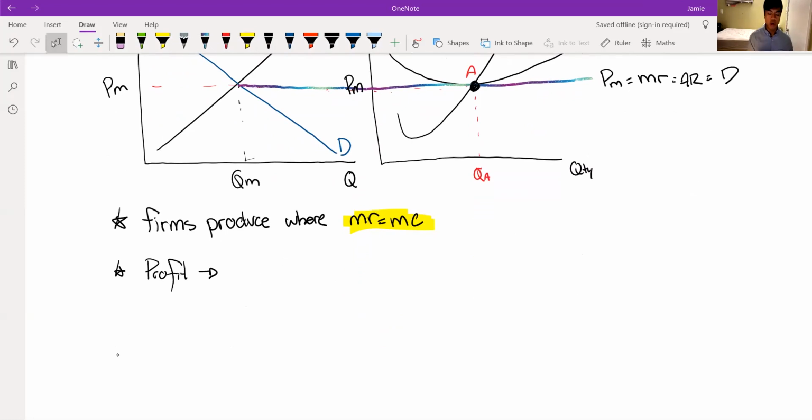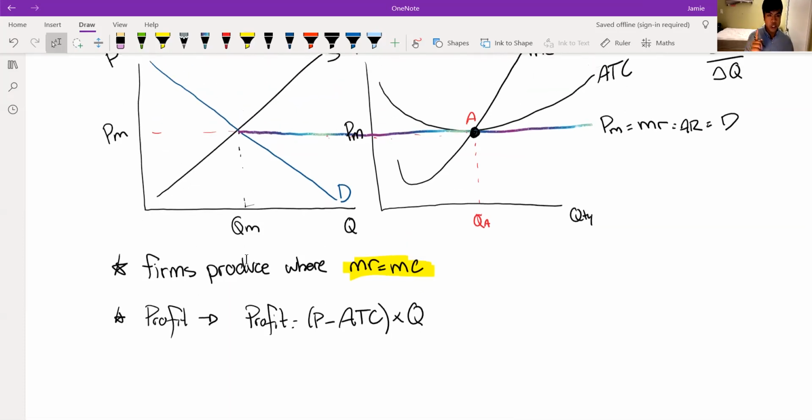So next, what about profit? We can calculate profit using this formula: profit equals price minus average total cost times quantity, right? And what's interesting here is that if you look at QA, what is our average total cost? It's also at A, which is also the market price.